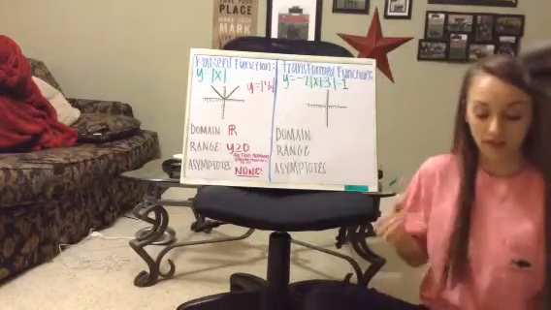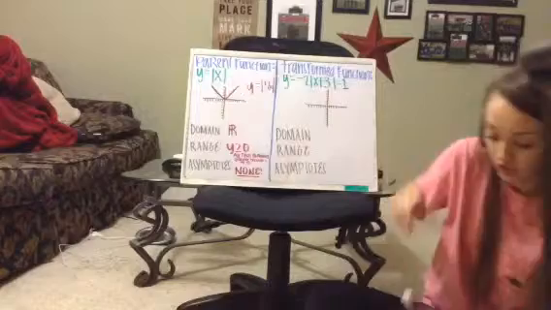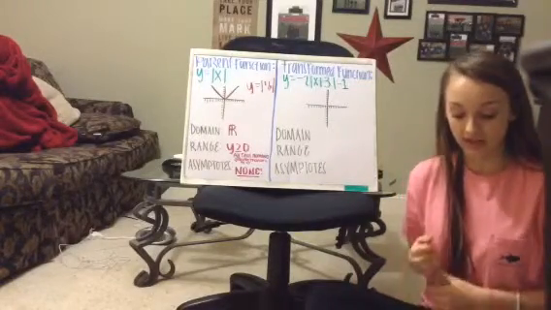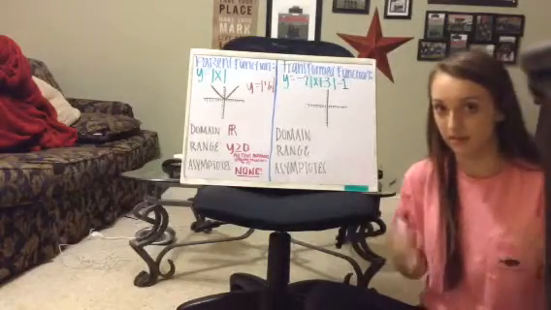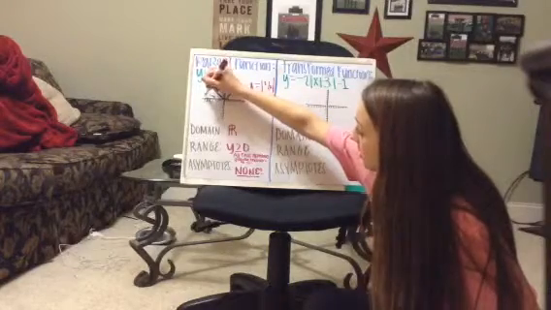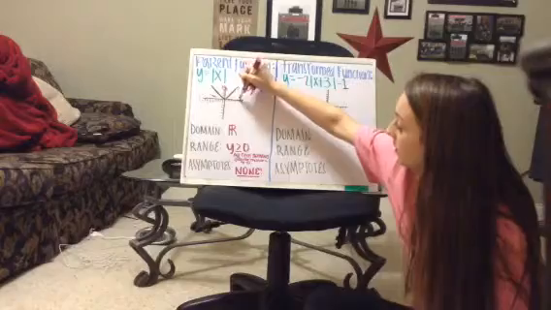Back to domain and range: the two lines coming from the origin, which are the parent function, will continue to reach infinity, negatives and positives. This goes from the negatives here to positive there, and this is going positively and positively.